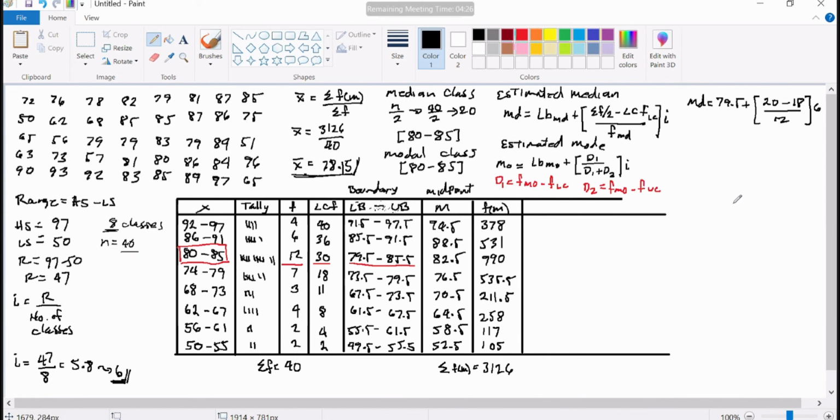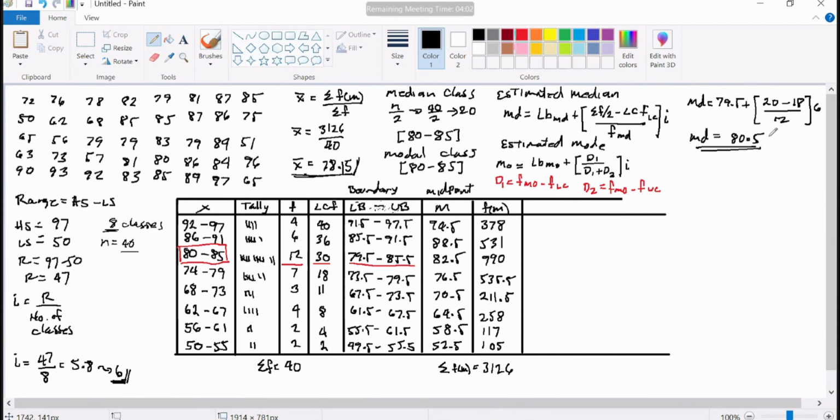There, okay? Get your calculators and give me the value for the median. 80.5. Yes. So it is still within this class.